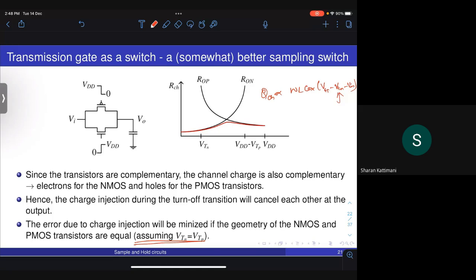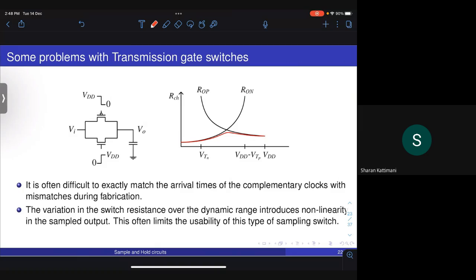So assuming that VTN is equal to VTP, the channel charge will get cancelled. So essentially, while it appears on paper that if you use NMOS and PMOS, both will cancel each other, clock feed through will cancel, resistance will be low throughout the entire range from 0 to VDD, and charge injection will get cancelled.